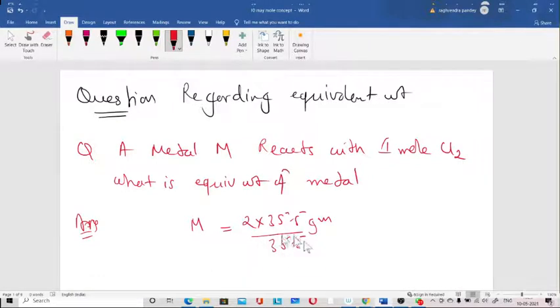Whatever weight is bonded to 35.5, that is the equivalent weight. So equivalent weight is equal to M by 2. This is the answer, M by 2. Just write that one.